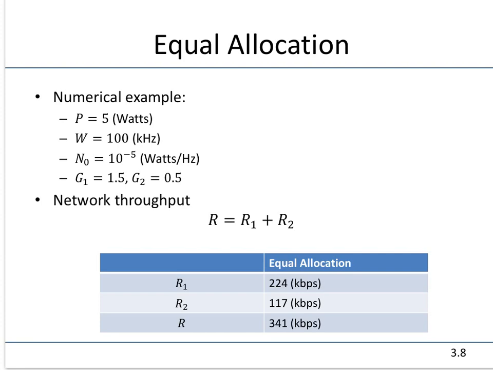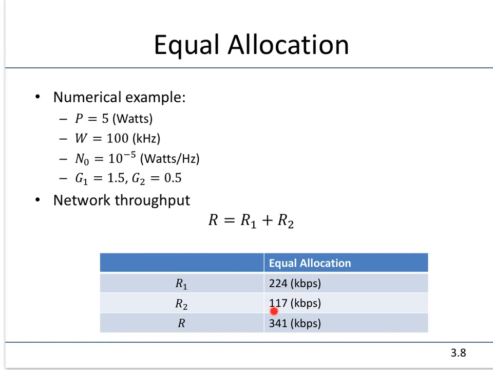User 1 will have better gain, which means that user 1 is probably closer or is having less fading. So when I look at G1 and G2, I should conclude that it's not the best way to divide the power equally between the two users, right? So as you can see, if I divide the power equally, I give 2.5 watts to user 1, 2.5 watts to user 2.